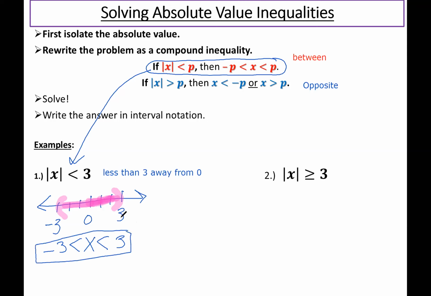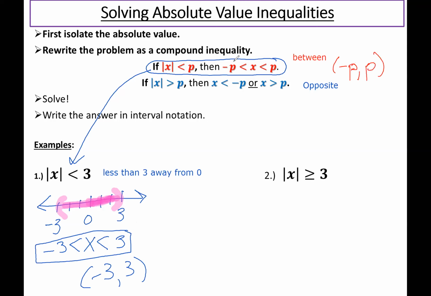This is a way of illustrating the answer in set notation. In interval notation, what I would say is from -3 to 3, like that. And maybe I could also add that up here as well. So you'd write -p, comma, p, like that.